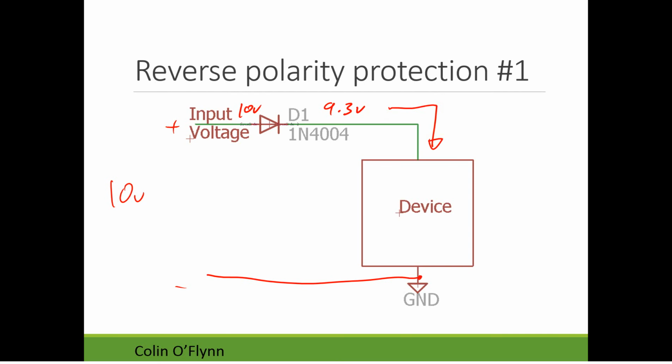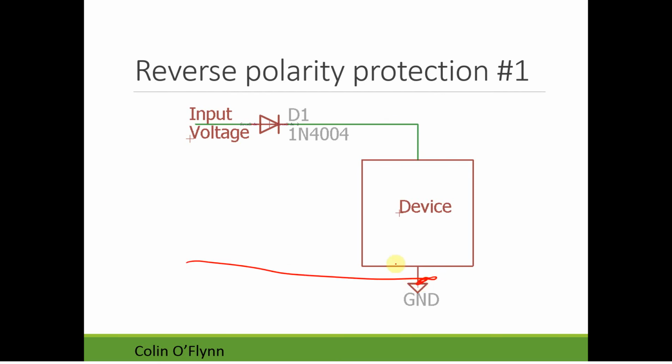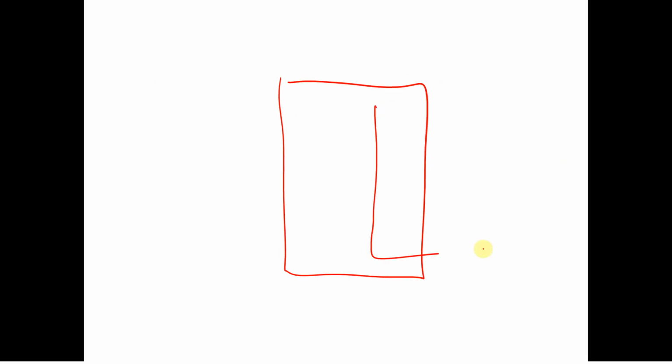Everything works. If you put the wrong voltage in, so if you put negative here and positive here, this diode will be reverse biased, won't turn on, and your system's fine. No power flows through it, and it doesn't blow up anything. What you might want to consider is that you have your breadboard, and there's the AVR.